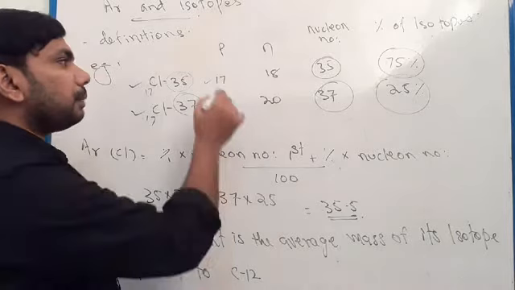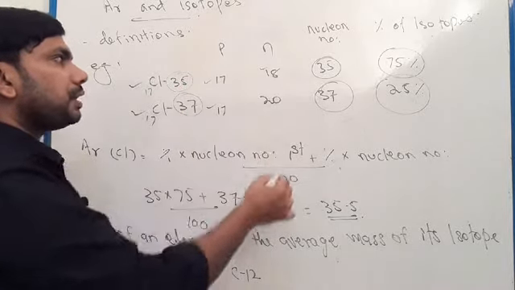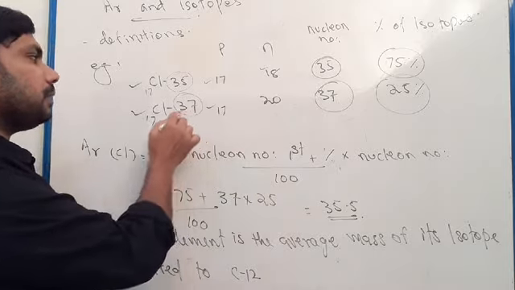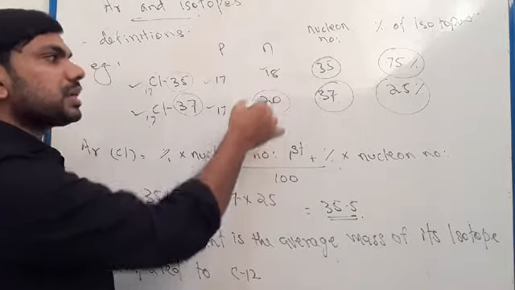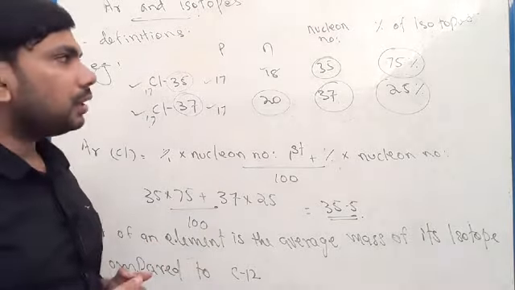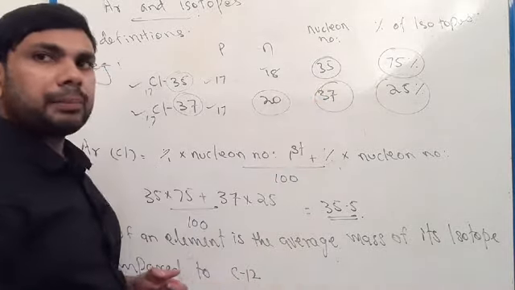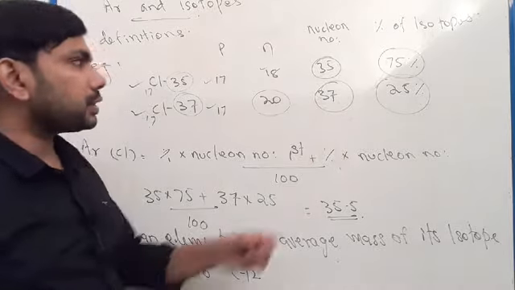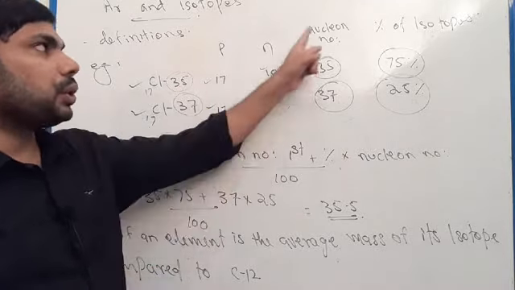You can find the number of neutrons: 35 minus 17 is 18, and 37 minus 17 is 20. So the number of neutrons is different, the number of protons is the same. This is isotopes. And nucleon number means the same as mass number.